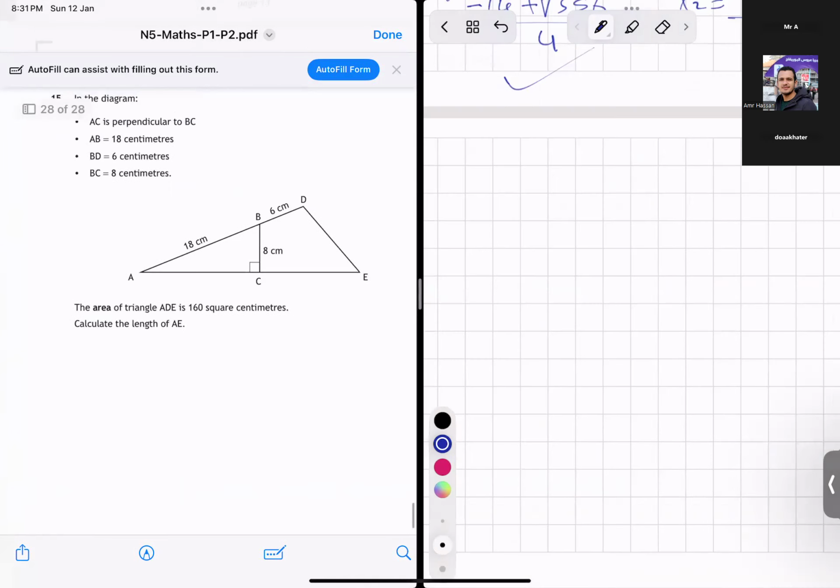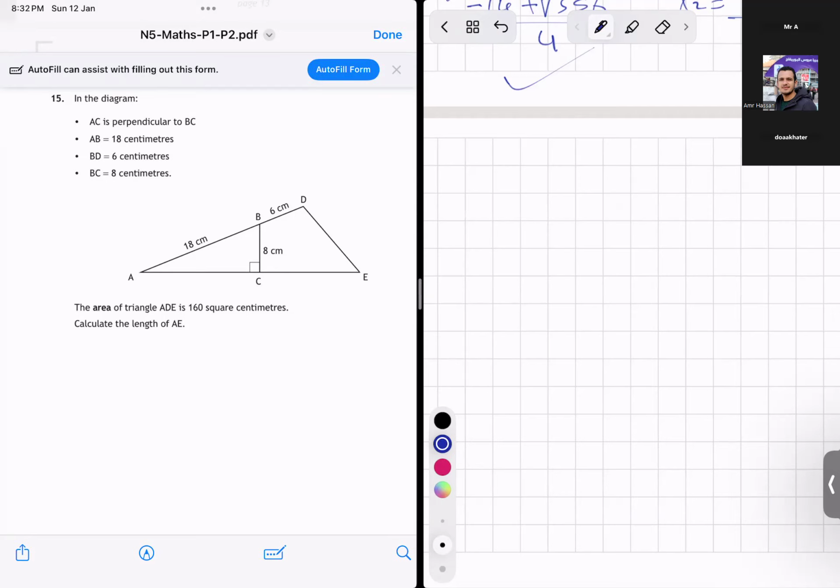So let me try to go for this one. He asked me to calculate the length of AE. Okay. So the point is, he told me that the area of the triangle ADE is 160.